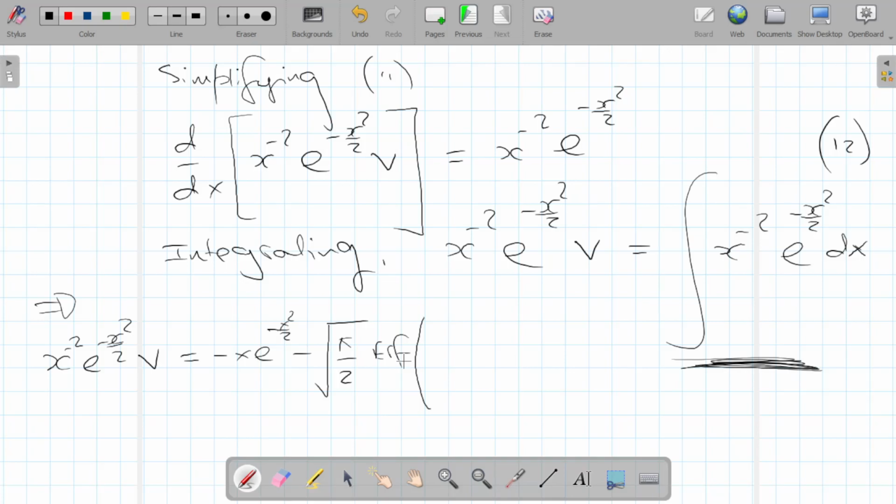But without looking in depth now, I can't verify that. But that'll be a bit of homework for you to work out whether I've written down the correct terms here, ERF. And in the bracket there, we've got x over the square root of 2, right? Plus a constant of integration.